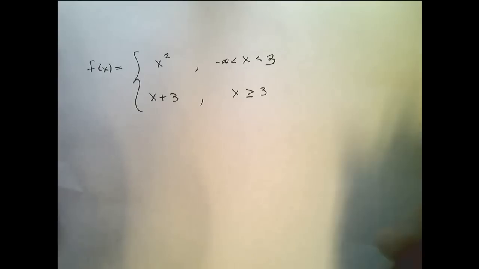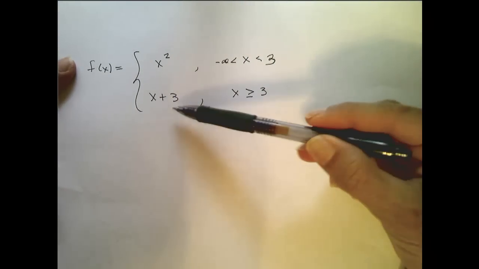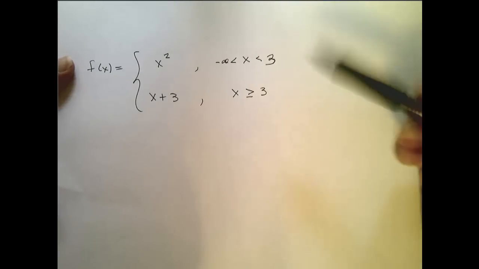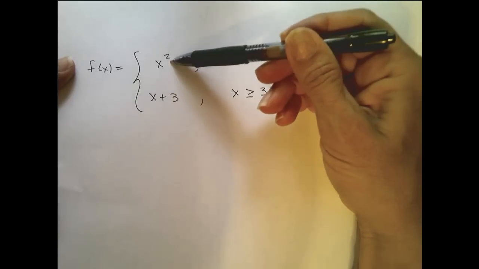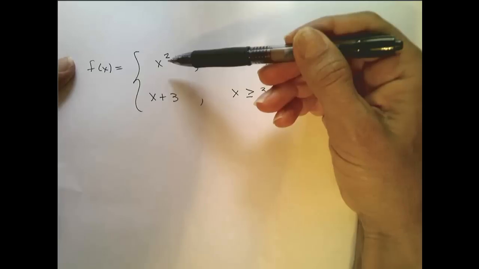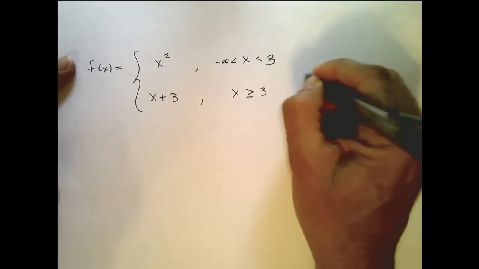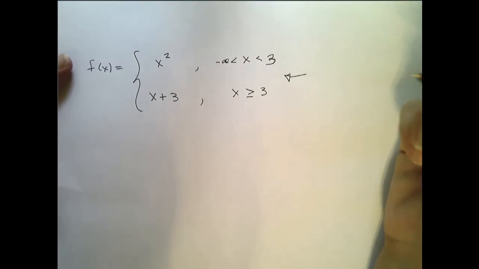So it's defined as x squared for x less than 3 and x plus 3 for x greater than or equal to 3. And so here I might make the mistake of saying, well, x squared and x plus 3 are both polynomials, so they are both continuous, and that would be correct, but the problem is what happens at the place where they change definitions.